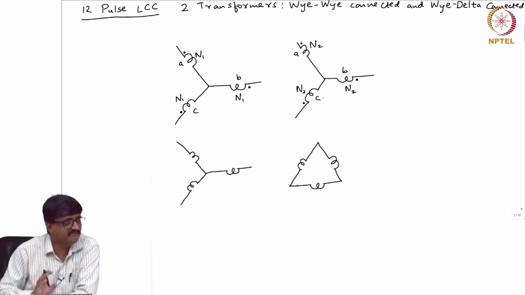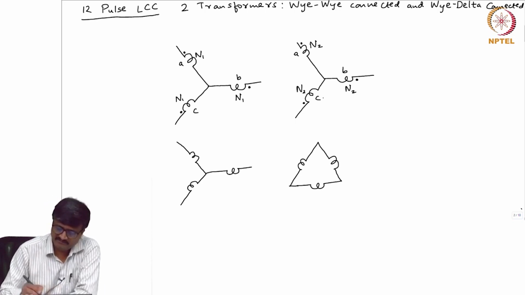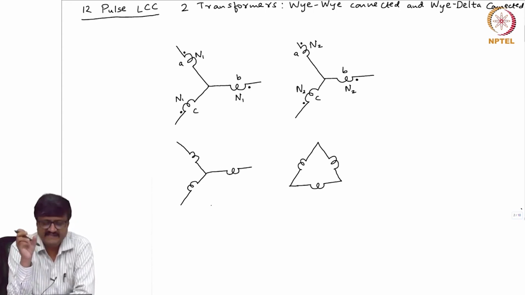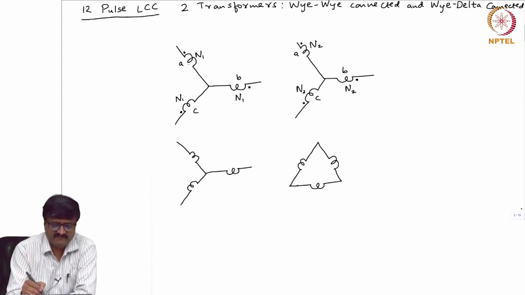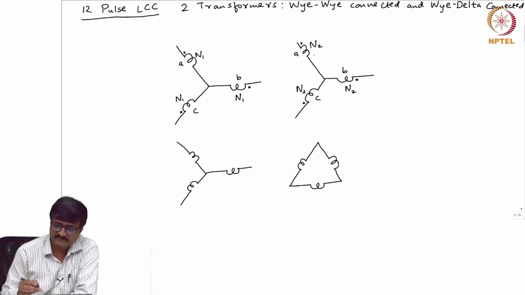Even while drawing we show it in parallel, it will help us. Here also the windings belonging to the same phase will be shown in parallel. That means the flux linking each turn of the A phase winding on the primary is the same as the flux linking one turn of the other A phase winding.